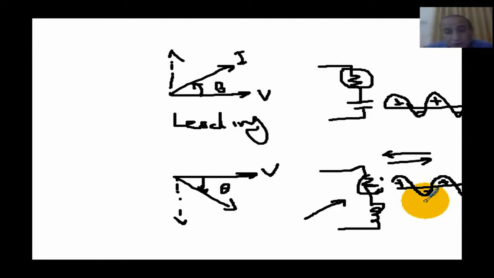So that's the technique that is used to correct this situation, reduce the reactive power, and try as much as possible to come to the situation where the voltage and the current are in phase, with zero phase difference between them.